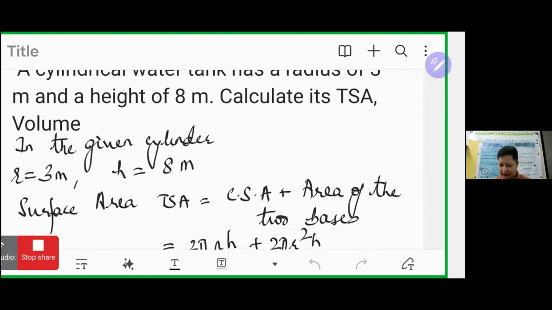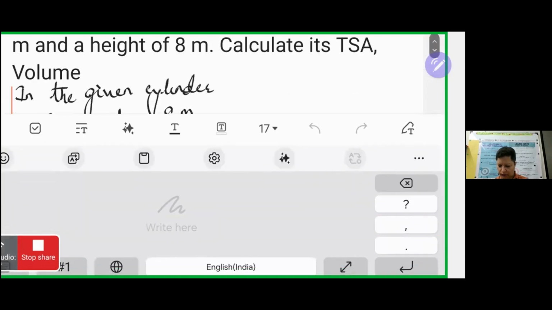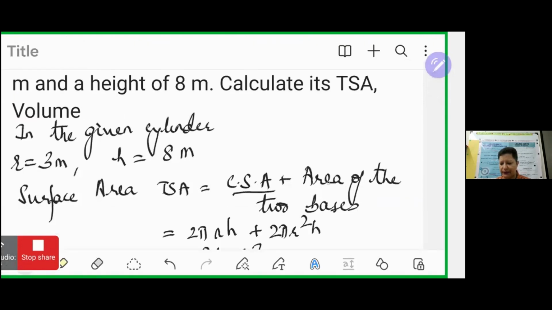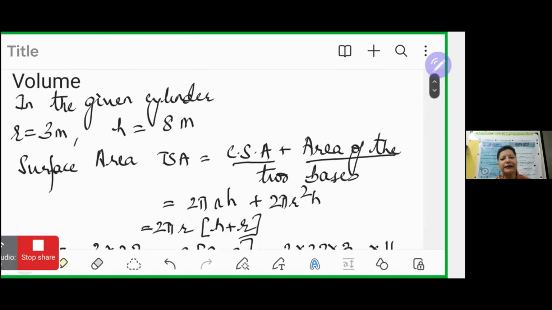TSA, as we know, is nothing but the CSA plus the area of the bases. So this is CSA plus the area of the two bases. We've already said CSA is nothing but 2 pi RH, followed by the area of the two bases, which will be 2 times pi r square.